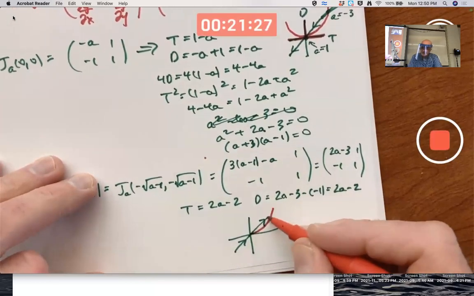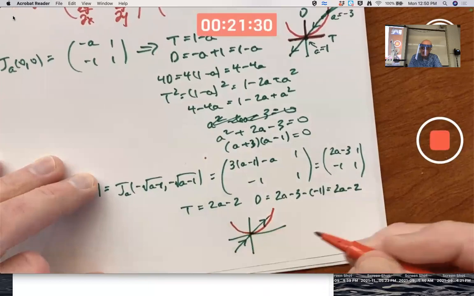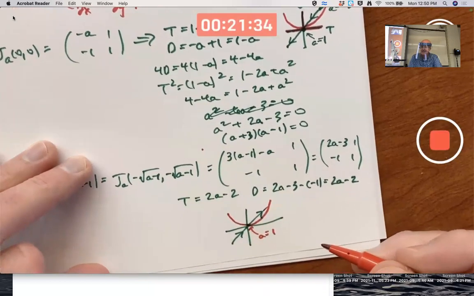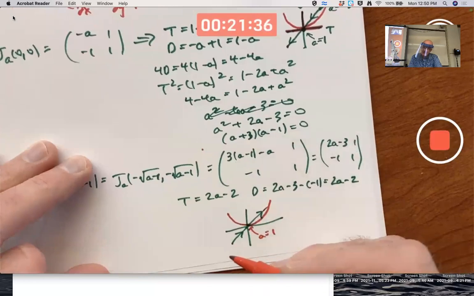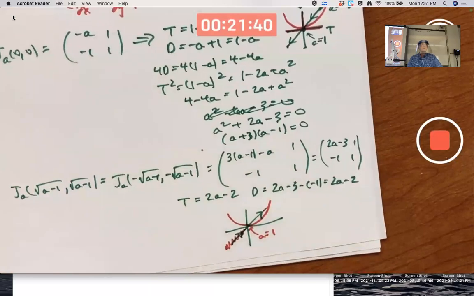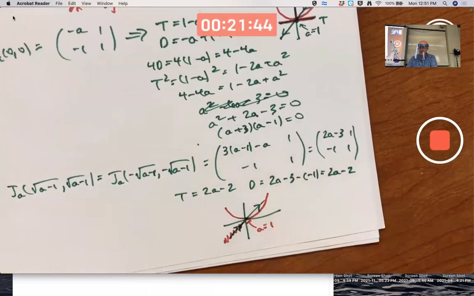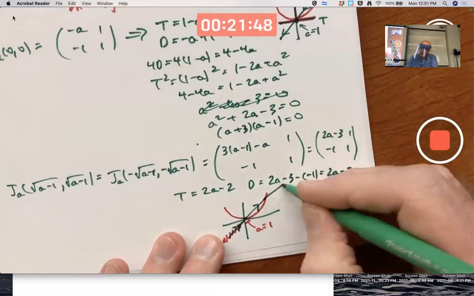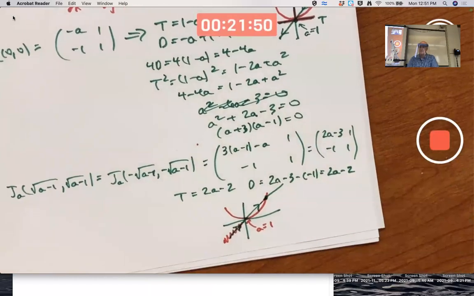And once again, you cross the repeated root parabola when a equals 1 here. And actually, that's telling me when a is less than 1, I really shouldn't even be drawing this because it doesn't exist, because the equilibrium points themselves don't exist as real numbers. So I should only think about this part over here. And I could once again figure out where it crosses there, what value of a.